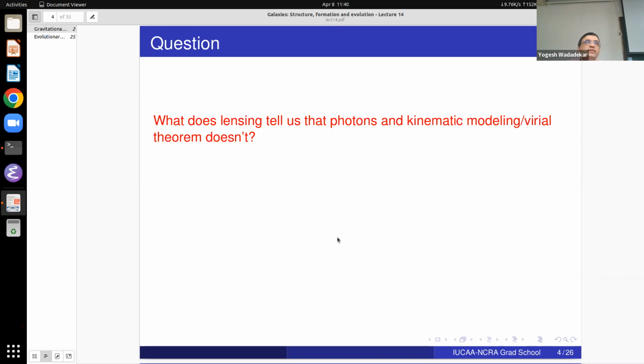And we are using either kinematic modeling, like the rotation curves of spiral galaxies, or the virial theorem in virialized systems, to measure things like the total dynamical mass of galaxies and so on. So what will lensing tell you that we don't already know from these kind of studies? So what are the things you can learn?